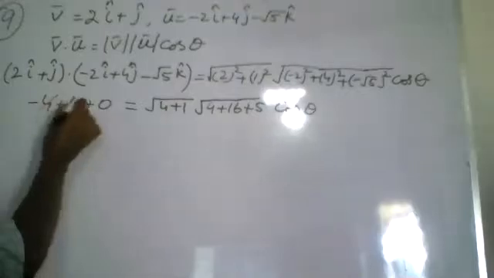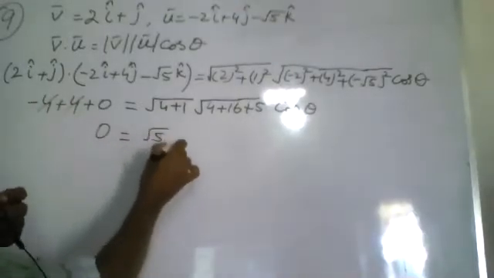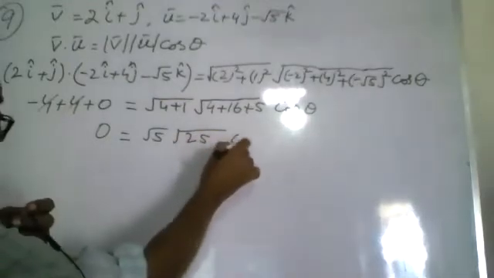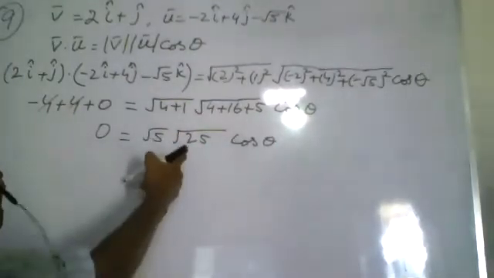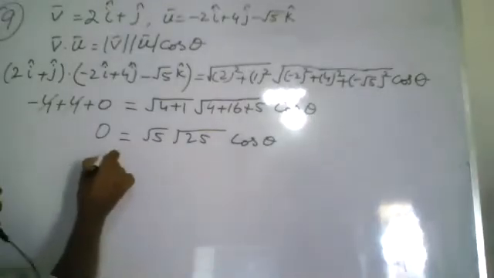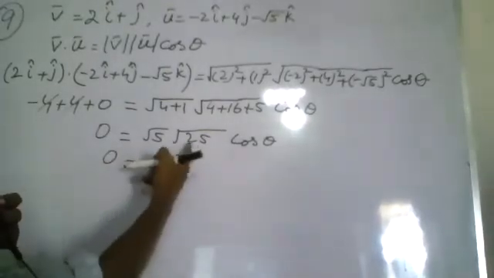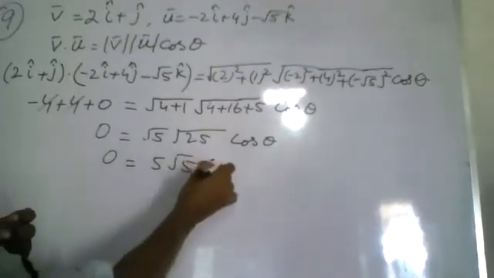This will become 0, equal to under root 5 into under root 25 into cos of theta. Under root 25 will be 5. So 0 is equal to 5 under root 5 into cos of theta.